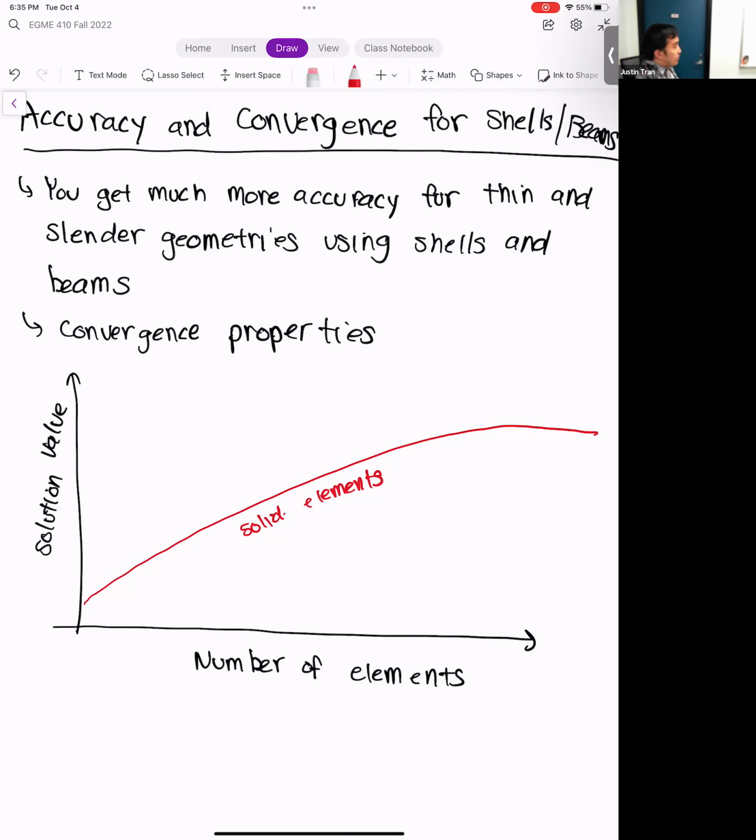As you increase the number of elements, the solution value is going to keep changing. It's not until you reach this area right here that the solution starts to plateau. When the solution starts to plateau, that's when we say that the solution has converged.